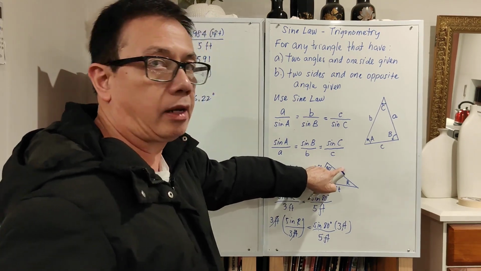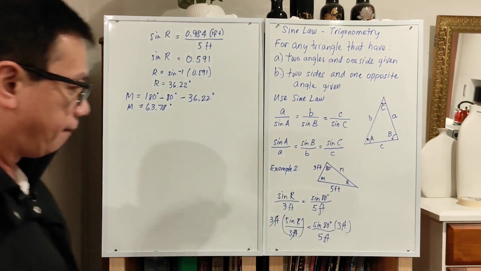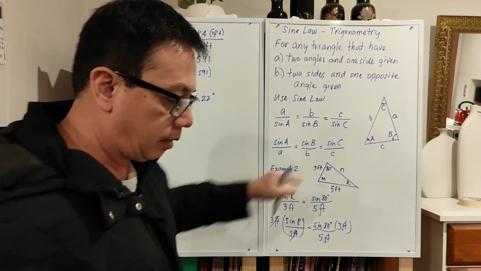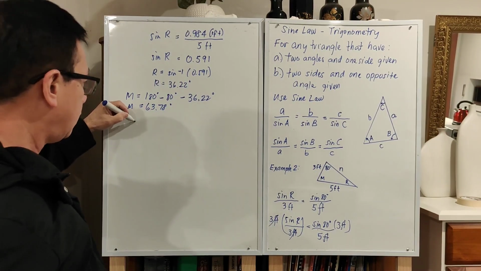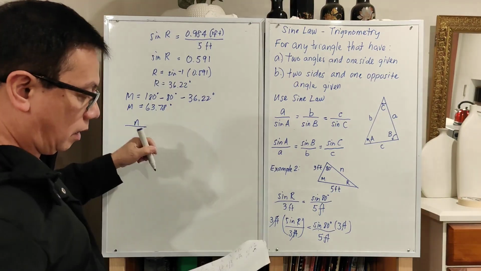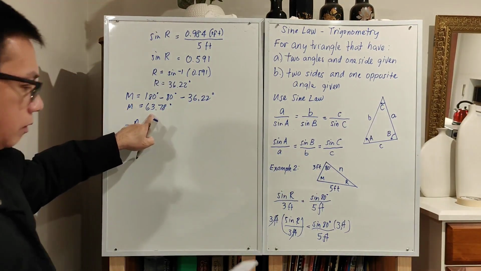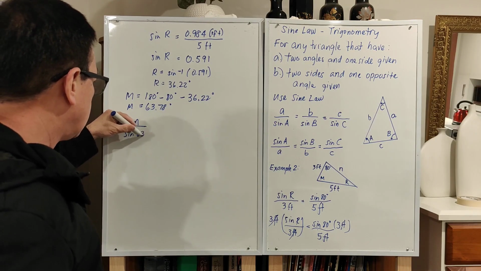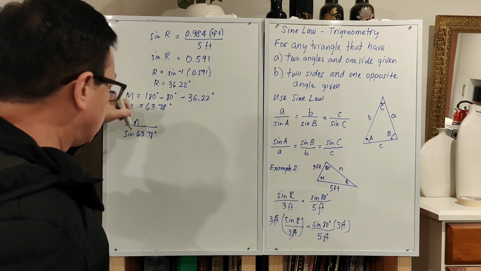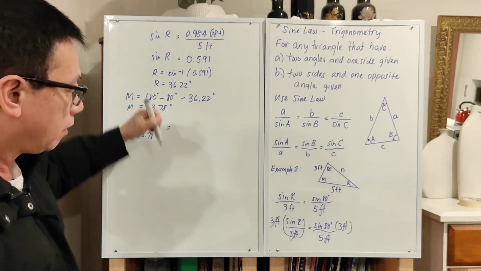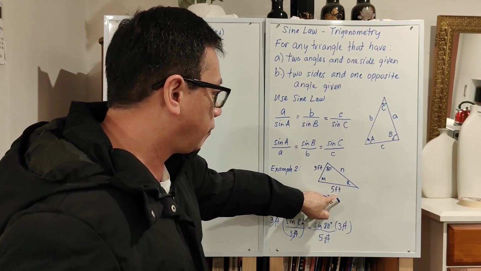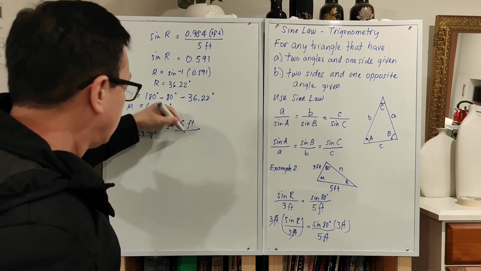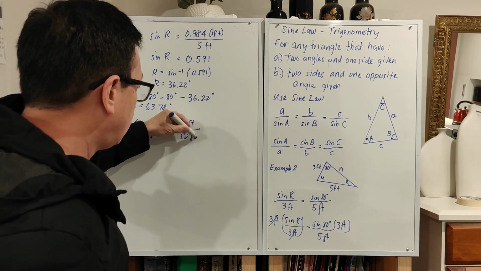So we have angle M. We can now solve for n, which is the side opposite angle M. So we want to solve n. n is a side, so we'll use this type of formula. n, which is what we're looking for, over sine M, which we now know as 63.78 degrees, sine 63.78 degrees, is equal to the given 5 feet over sine 80 degrees.